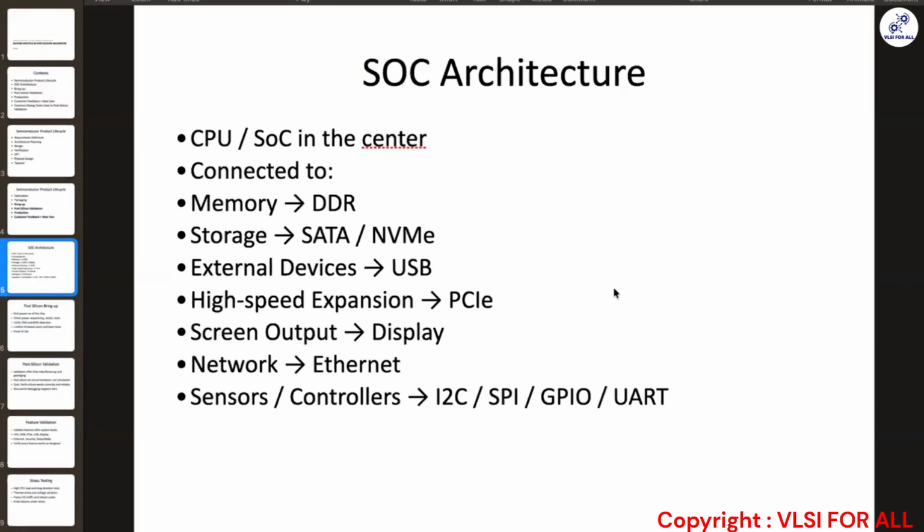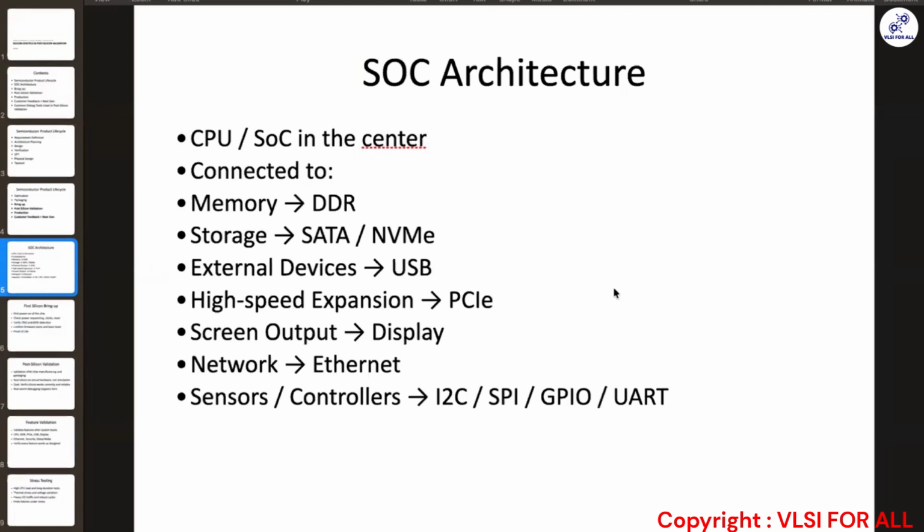Then you have the display engine. It is part of your graphics and display. Then network, the Ethernet MAC controller will be sitting on your SoC, while the PHY and everything else will be outside. Other connectivity like Wi-Fi and Bluetooth all sit on the SoC. Then the sensors and controllers are all part of your PCH.